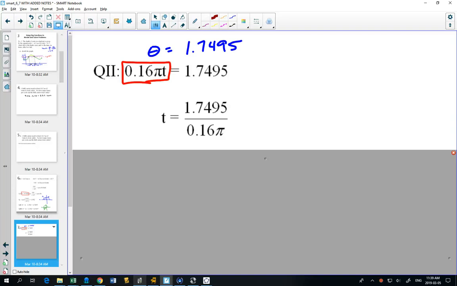Okay? At this section, this is a very typical place where people make calculation errors. So I want you to type that into your calculator right now, because if you're going to make the error, I want you to make it right now so we can fix it so you don't make it again on quizzes or tests. So type that into your calculator.